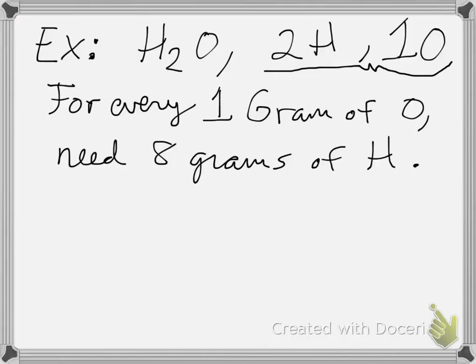Okay? And it doesn't matter how much hydrogen I start with, I'll always need 8 times that of oxygen to completely react all of the hydrogen and turn it into water.